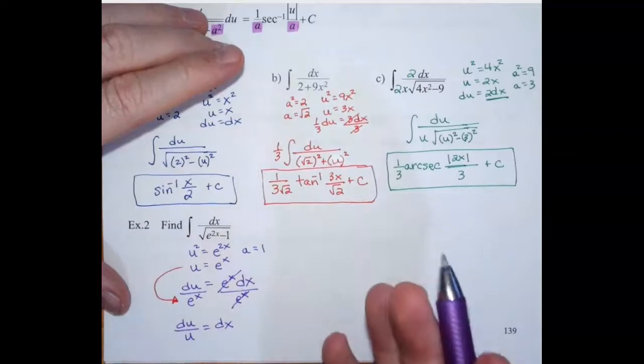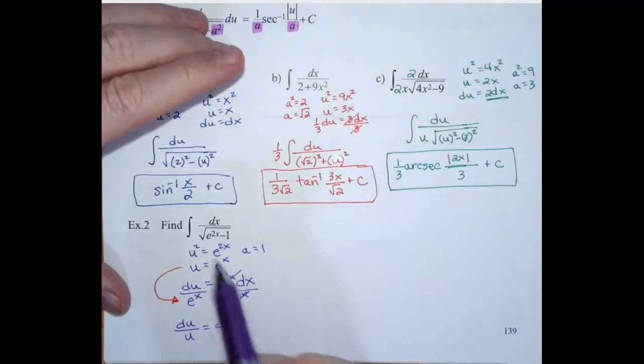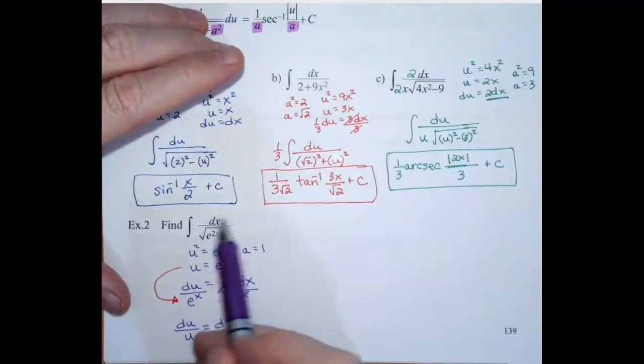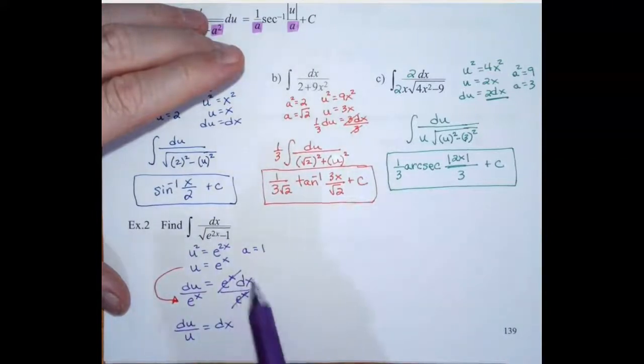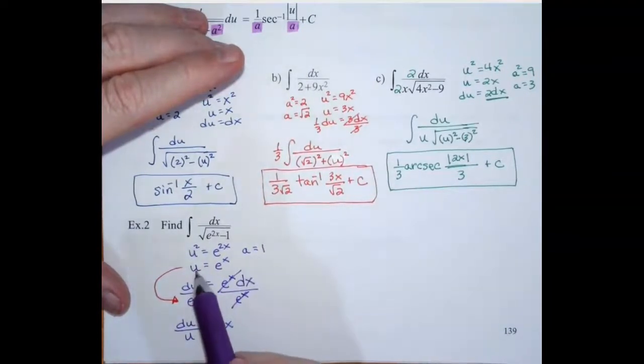Okay, so you say, well, how do you know to do that? Well, we know that we want dx, and dx is by itself up here, so we get dx by itself, and then when we get to this stage, we realize, well, we don't want a u and an x, so we look back up here hoping, oh, hey, we can switch that out.